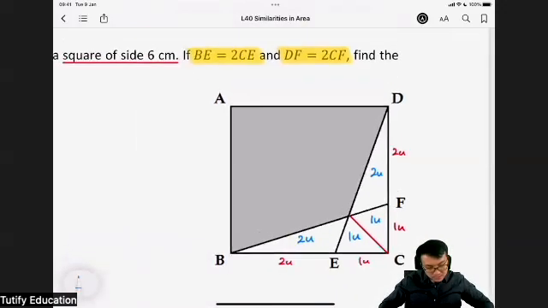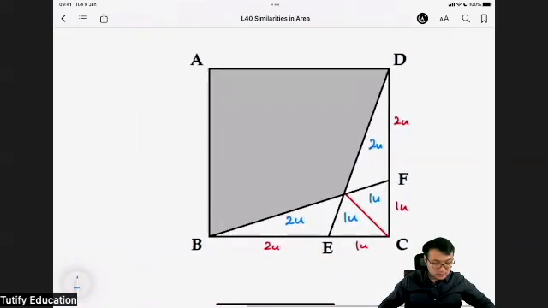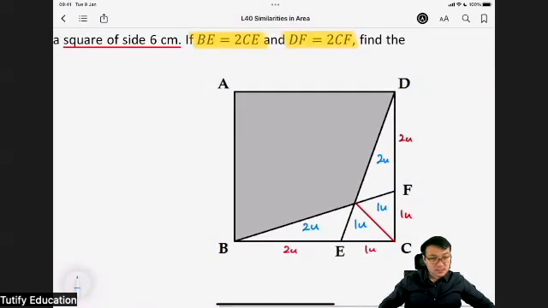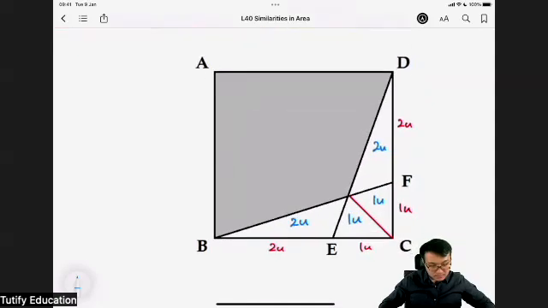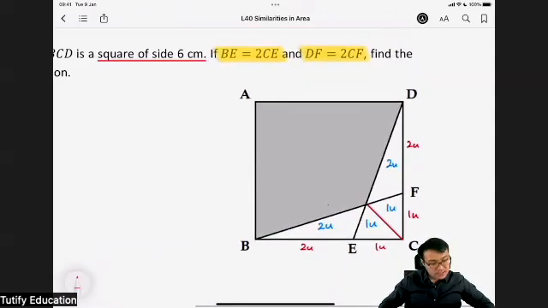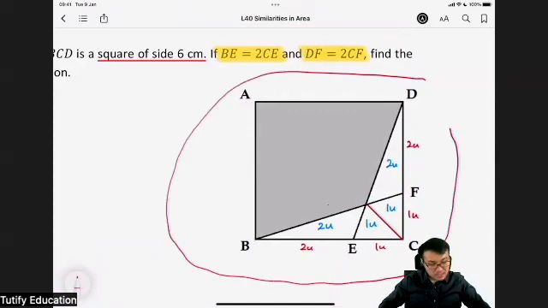Now, we already know that the unshaded part has a total of 6 units. Can I ask Ben? Ben, do you know how many units there are altogether in the entire square?